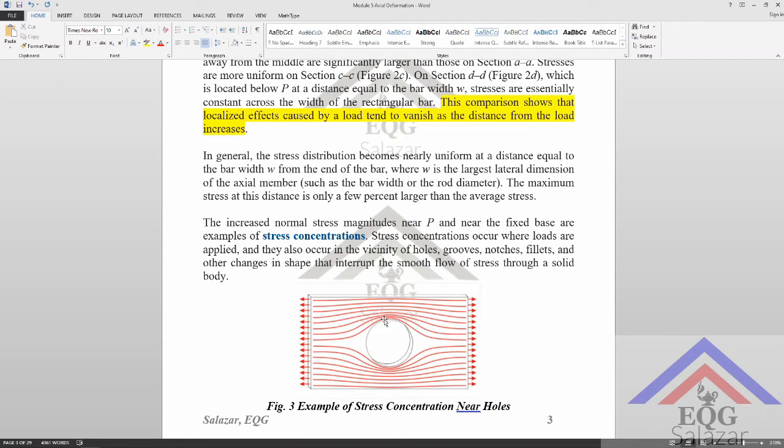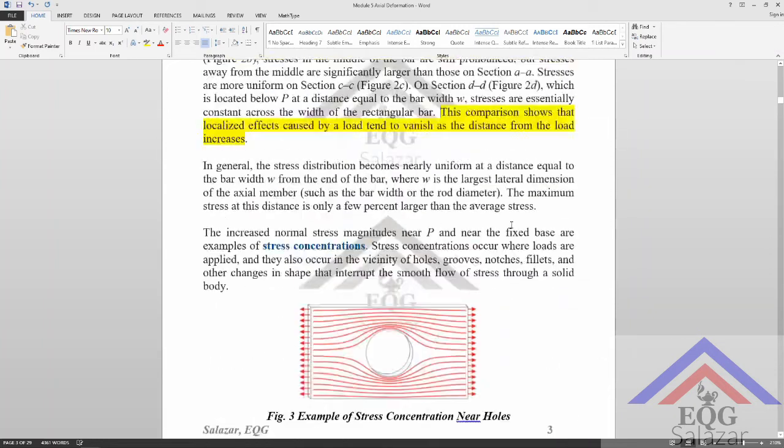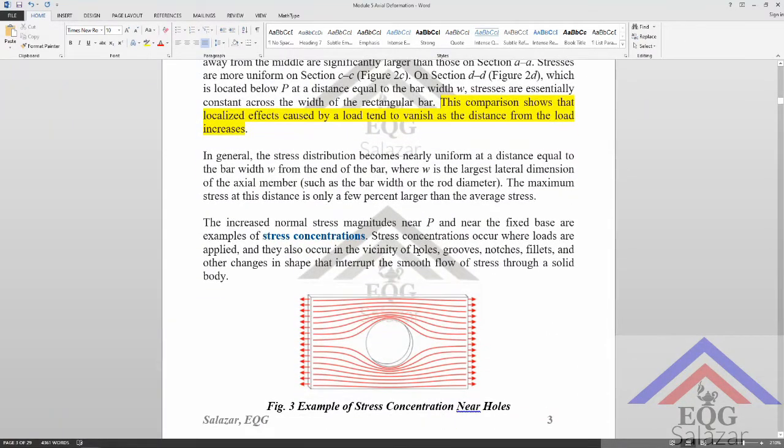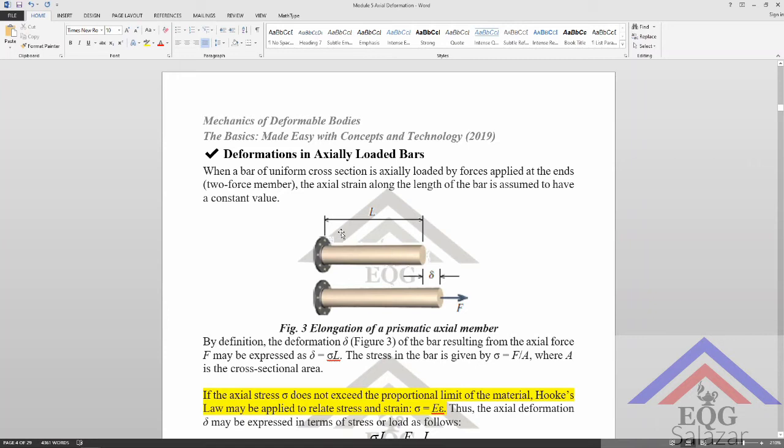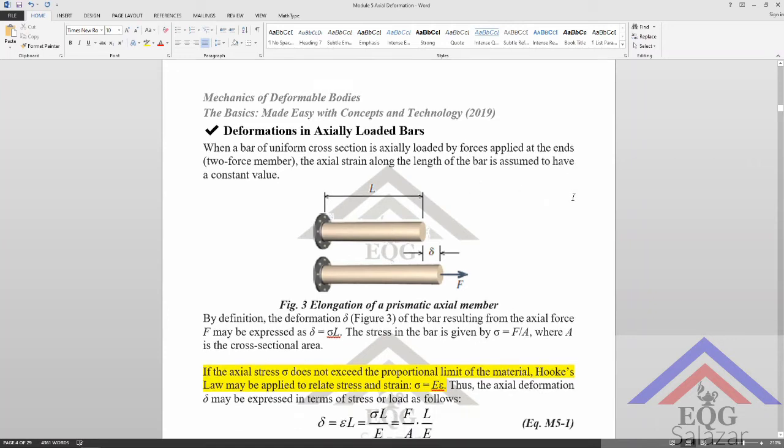Because there are stress concentrations at that point. So we'll be delving into stress concentrations in a later module, but let's leave this at that for the moment. Okay, so let's move on to deformations in axially loaded bars.